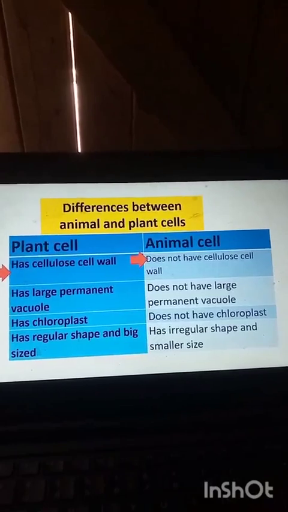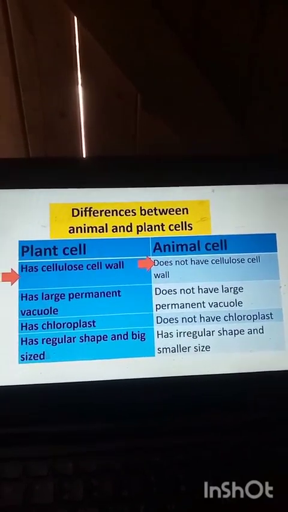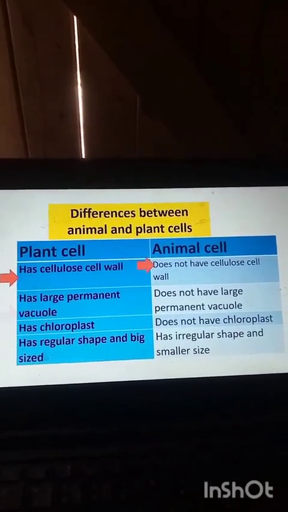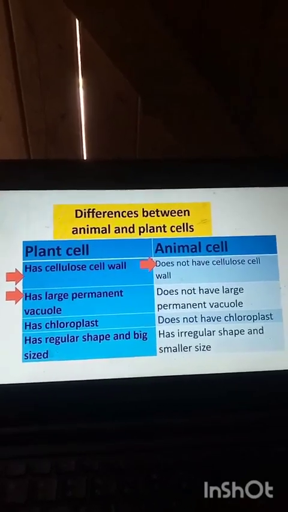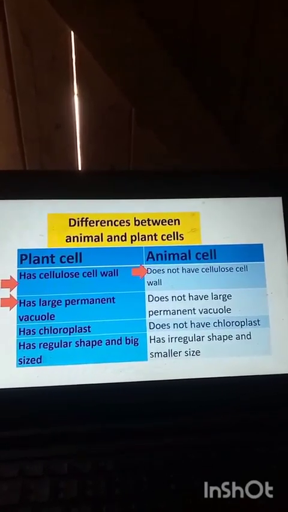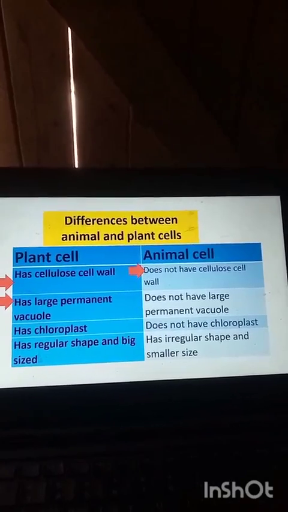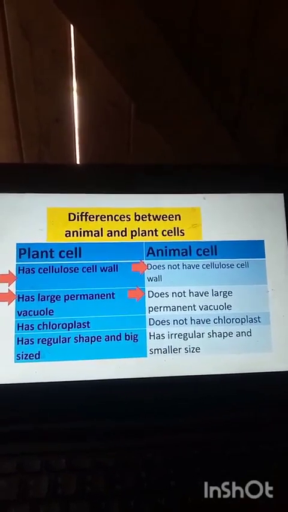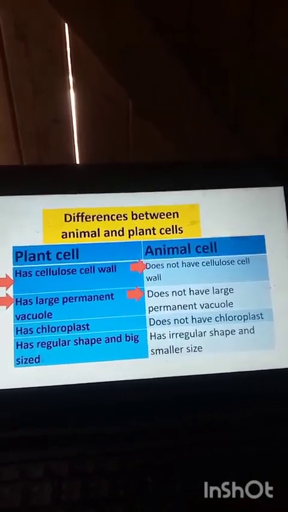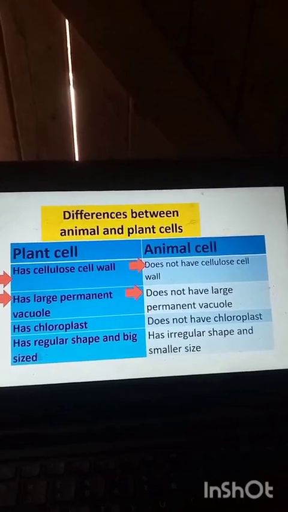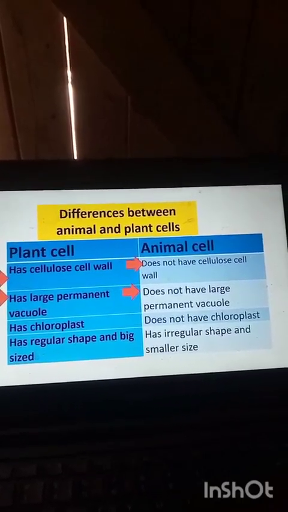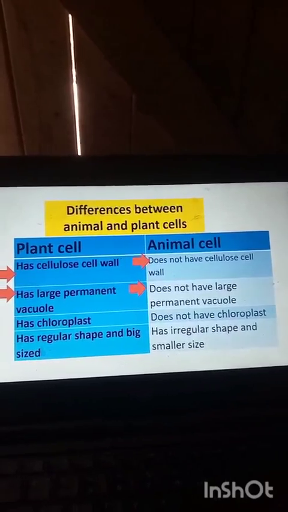Number two, a plant cell has a large permanent vacuole, while an animal cell does not. If it is there in animal cells, then it means they are small and not permanent.